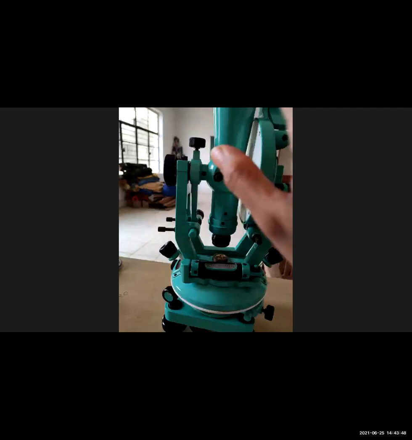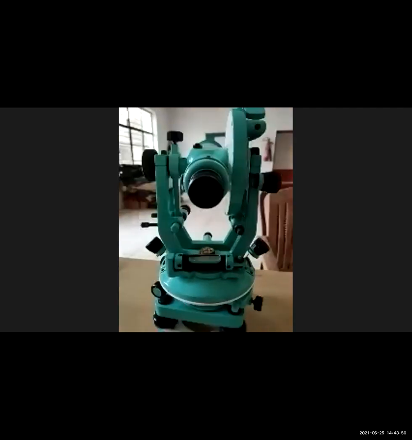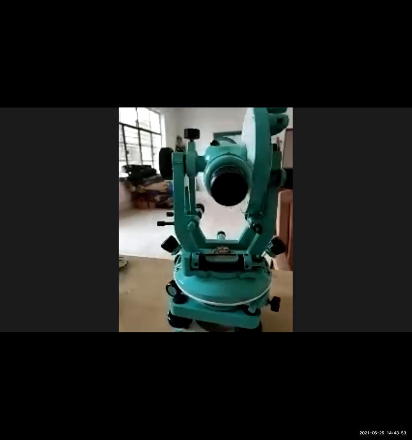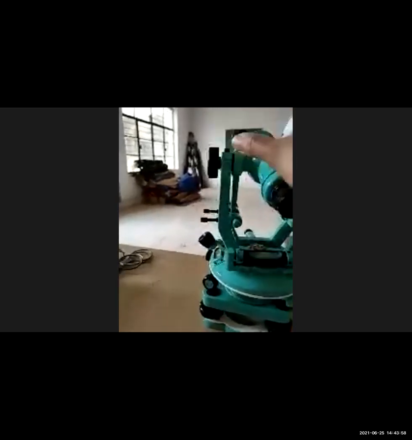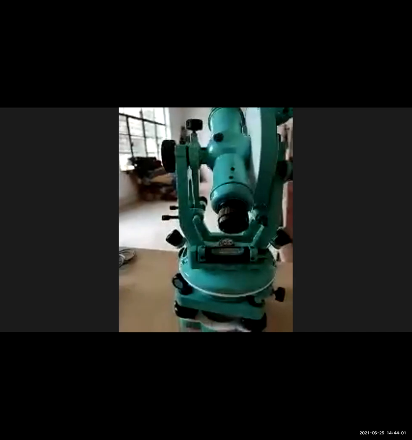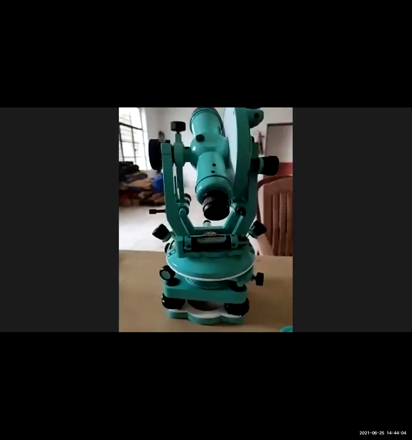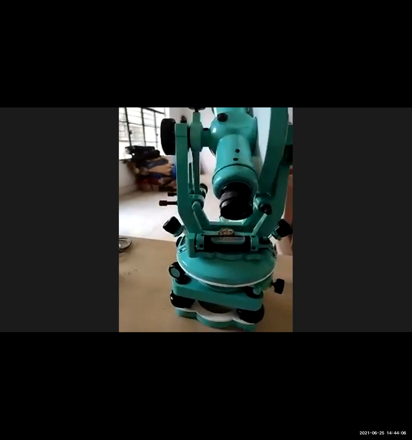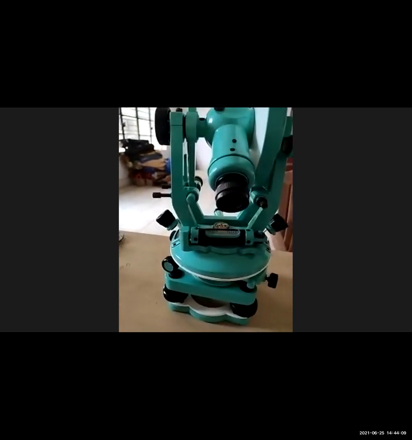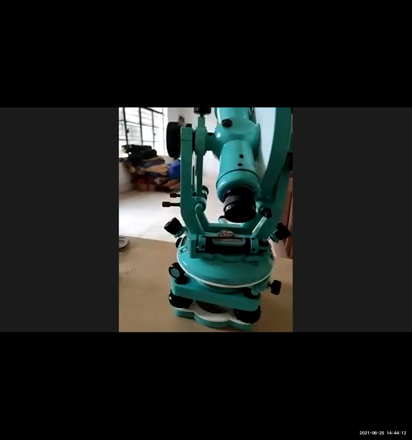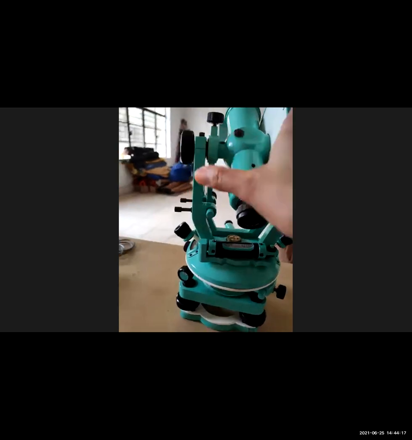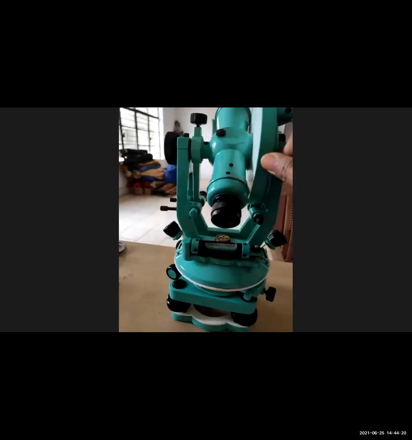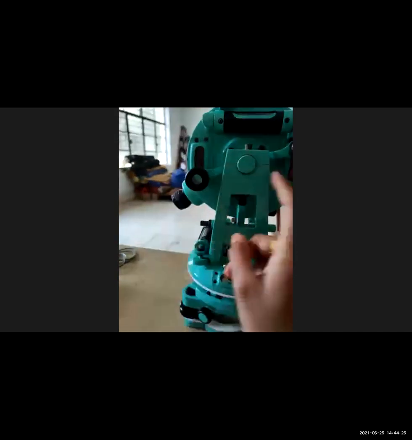Next is the index frame, or T-frame, this part of the theodolite. The index frame is a T-shaped frame consisting of a vertical leg known as the clipping arm and a horizontal bar known as the index arm. At the two extremes of the index bar are fitted two verniers, either here and here.